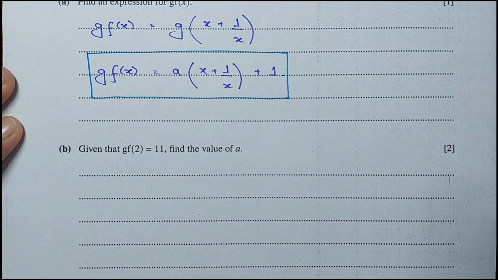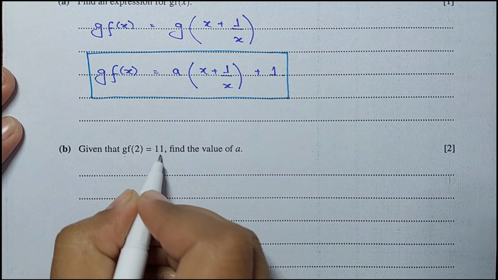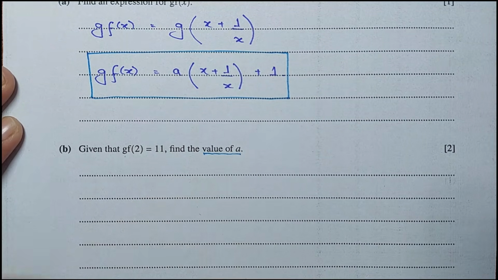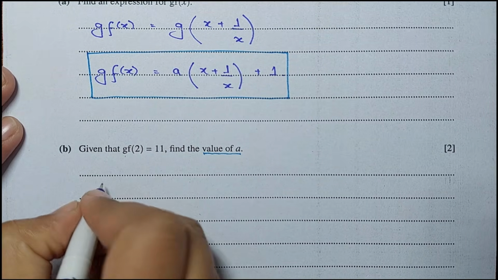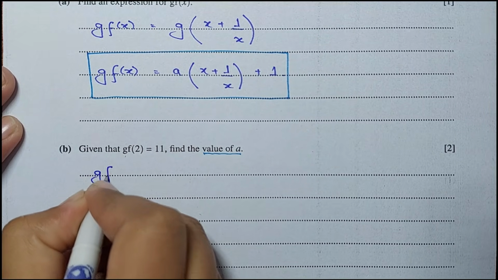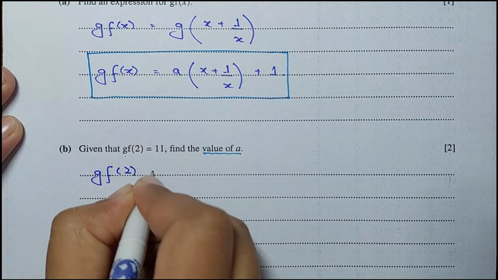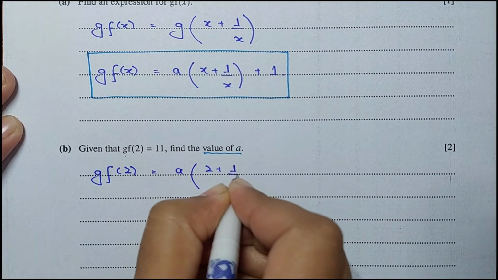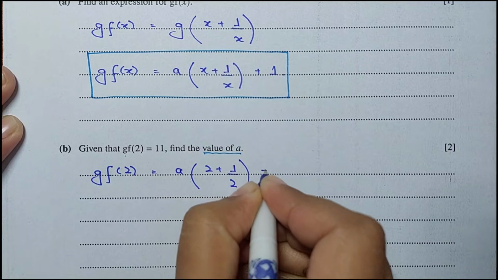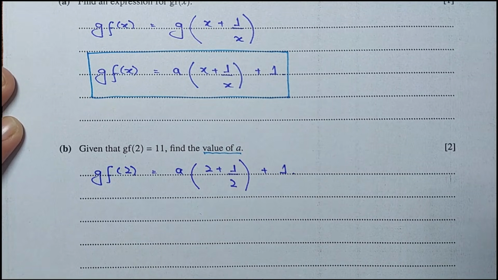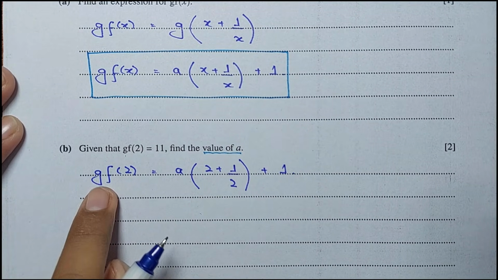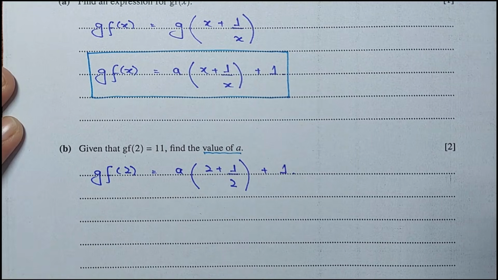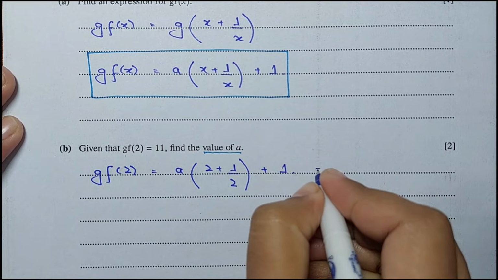Now for part B: given that g f of 2 is 11, find the value of a. Okay, we have g f of x, so just replace x with 2. This is a times 2 plus 1 over 2, plus 1. This g f of 2 should equal 11.